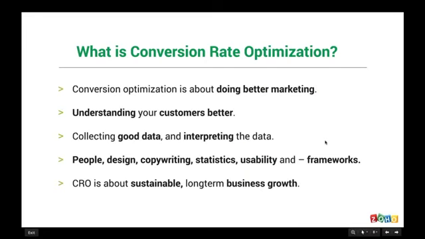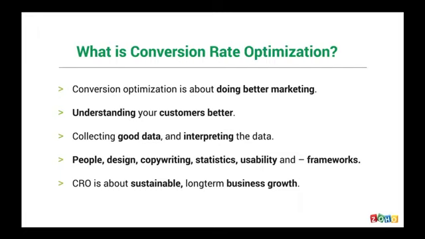Conversion rate optimization is about doing better marketing. It's about understanding your customers better and providing them with a better experience, helping them complete tasks faster, and simplifying everything. We can do this by knowing, not guessing. The difference between knowing, or as we call it, forming an educated hypothesis, and having an opinion is data.